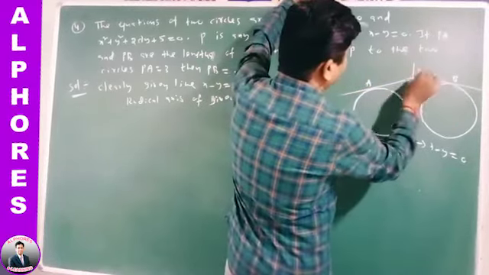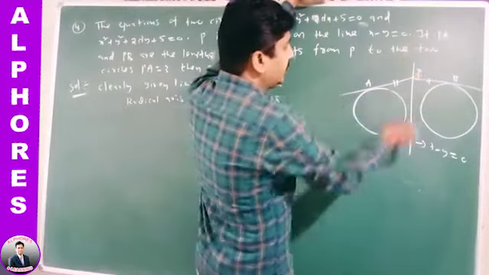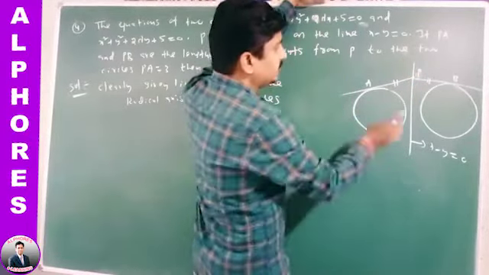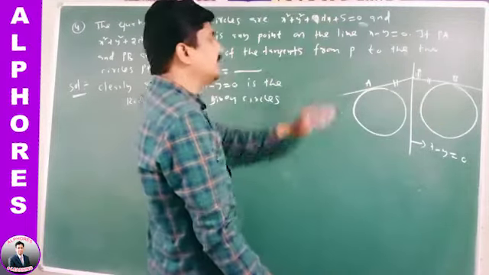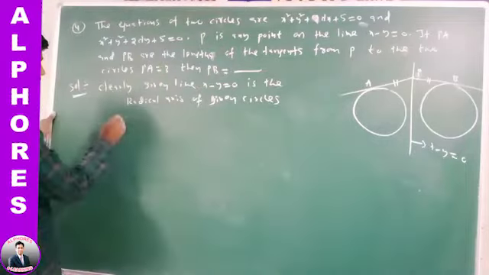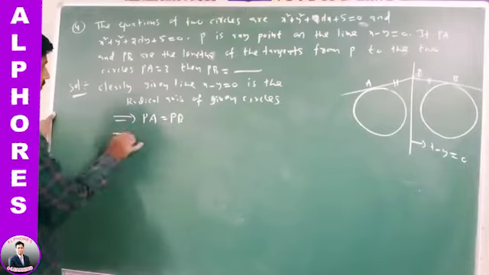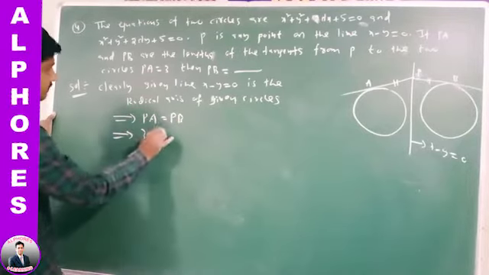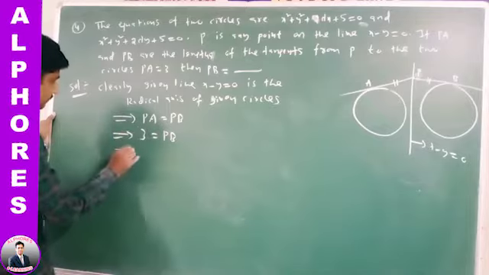Actually these two are equal, because from any point on the radical axis of two circles the lengths of the tangents are equal. It means PA equal to PB. PA is given as 3, therefore PB is also 3.